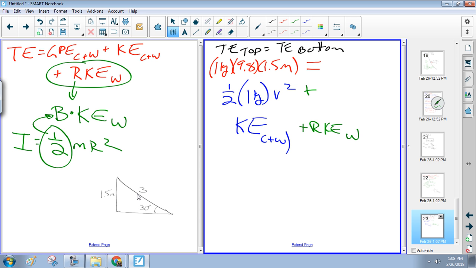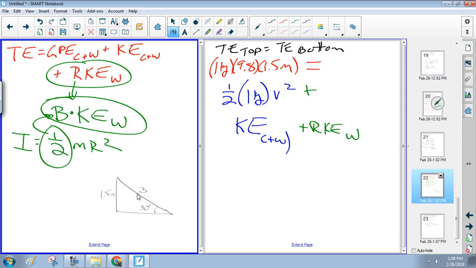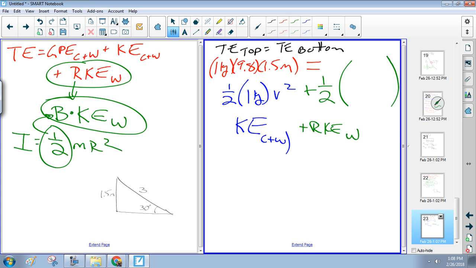And we decided that was just B times the kinetic energy of the wheels. So again, what's B? We want 1/2 times, now we need an expression for the kinetic energy of the wheels. Well, kinetic energy is 1/2, what's the mass of the wheels?